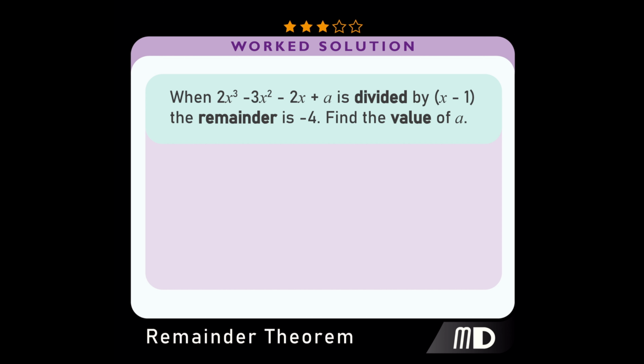Answering this question is a 3-step process. First, we need to substitute 1 into the cubic function. Then equate that to the remainder before solving that equation to find the value of a, the missing term in the cubic function that we've been given.